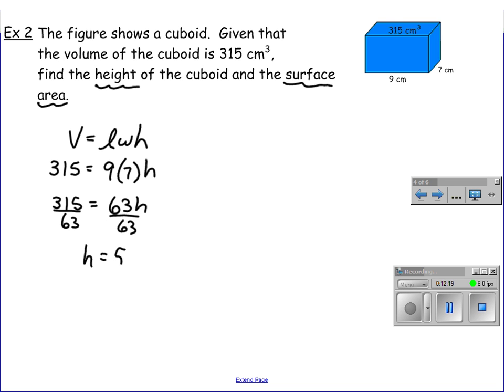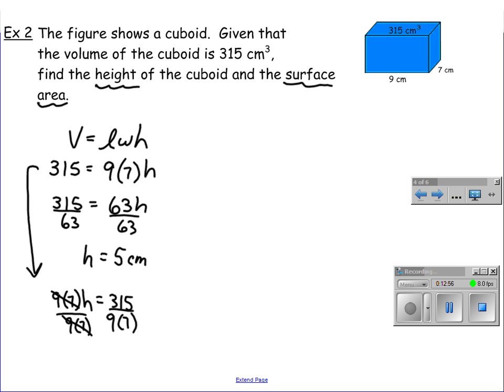It's 5 centimeters. I want to take a little second, though, to give you an aside that sometimes this problem worked out pretty nicely. Look back at this equation when we had 9 times 7 times h equals 315. And I emphasized this a lot last year, but you might have forgotten. Mason said this is the same as 63, right? We had to divide by 63. So oftentimes, rather than doing this math, you might want to just leave the factors here and cancel.